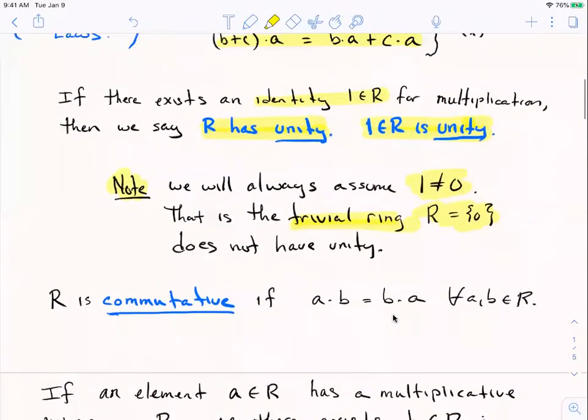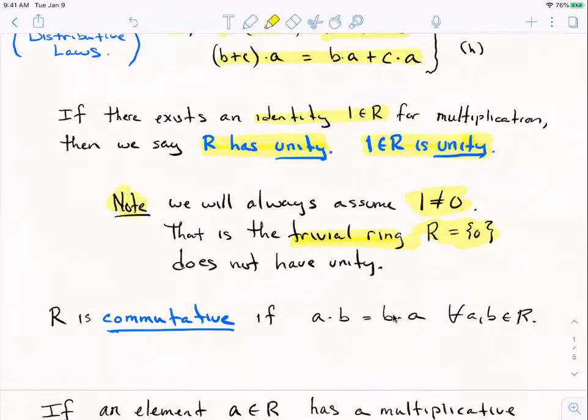So that R equals 0 would be the only such ring, but we're just going to throw it out. Okay. In a ring, the additive operation plus has to be abelian. R has to be an abelian group under addition, but the multiplication operation doesn't have to be commutative. So we call the ring commutative if the multiplication operation is. If you have a ring in which the multiplication operation is commutative, AB is BA for every A and B, then we'll call it a commutative ring.